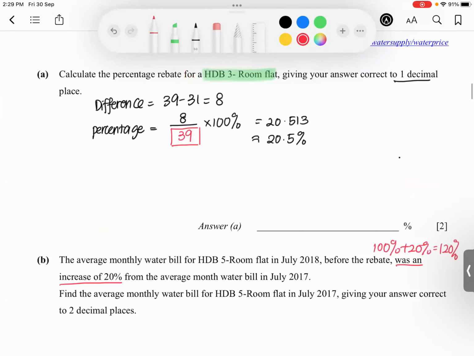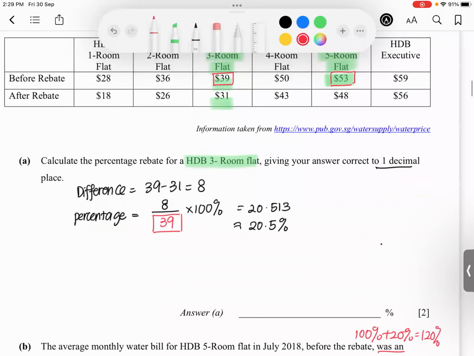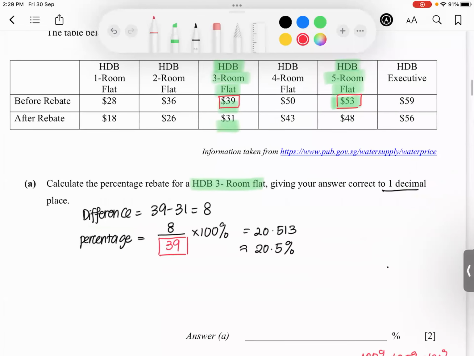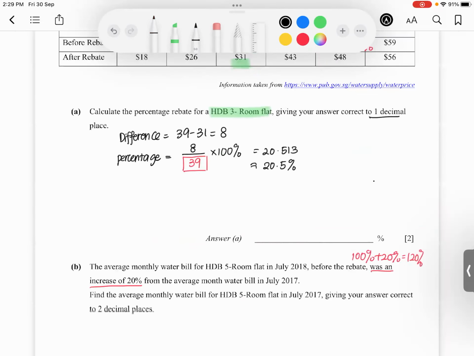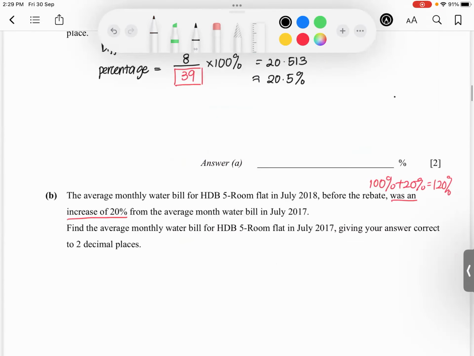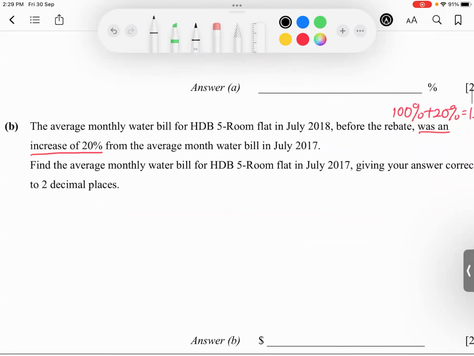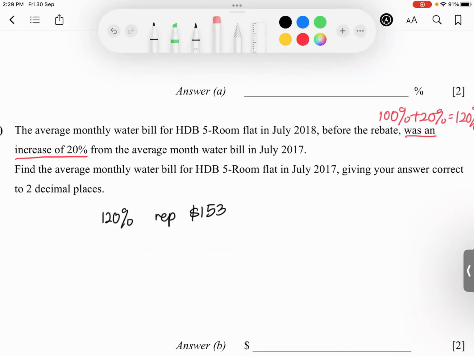The 120% is the number 153. So 120% represents 153. Please do not put equal sign for proportion. They are not equal. Either you use the dash line, represent, whatever, no equal sign.